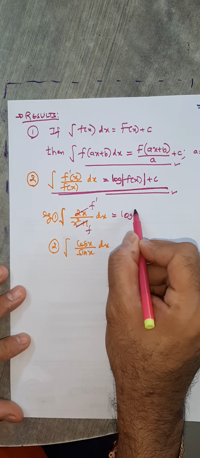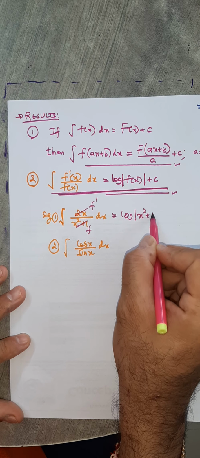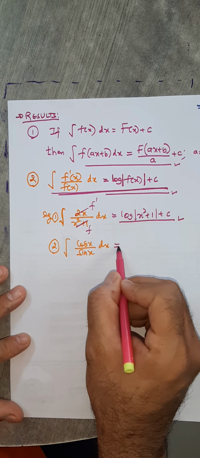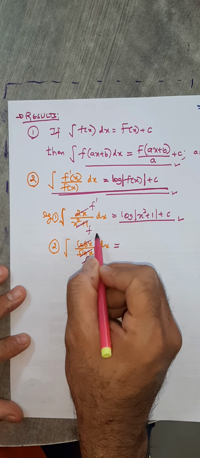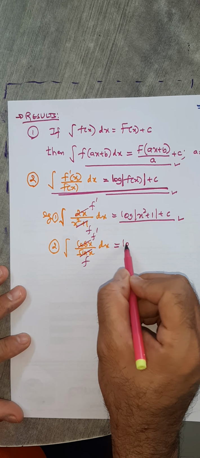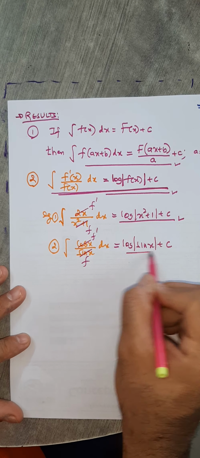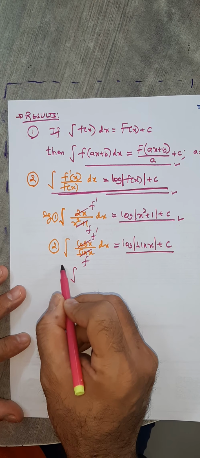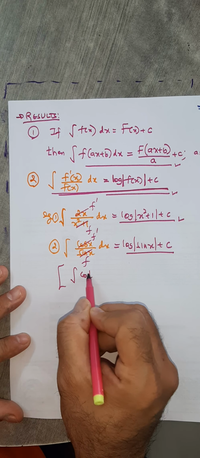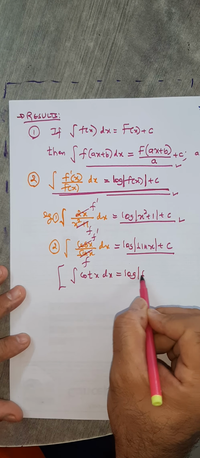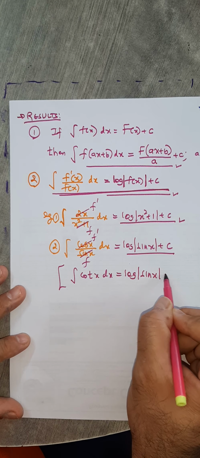Log of mod of the denominator function, x square plus 1, plus c. What's the answer to this? This is f, this is f dash. So log of mod of the denominator function, sin x, plus c. If you remember, this is cot. Just recall, you already wrote integral of cot x equals log of mod of sin x. That is because of this only, remember.